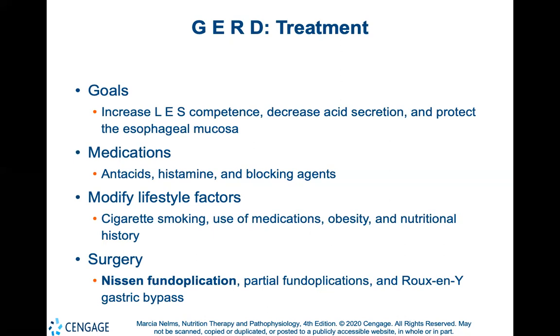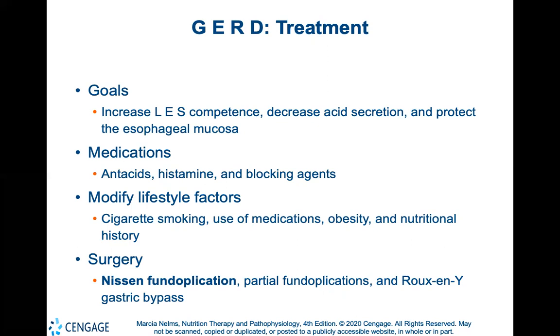Medications fall into 5 major categories: antacids or buffering agents, histamine blocking agents, prokinetic agents, proton pump inhibitors, and mucosal protectants. Lifestyle factors that compromise LES competence, such as cigarette smoking, use of certain medications, obesity, and nutritional history, should be addressed. Patient education can focus on ways to improve clearance in the esophagus.